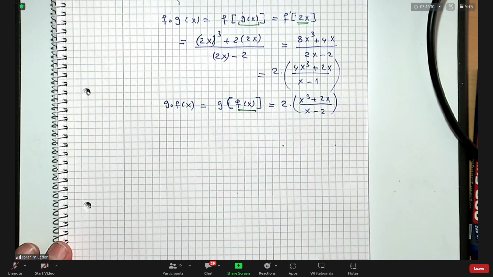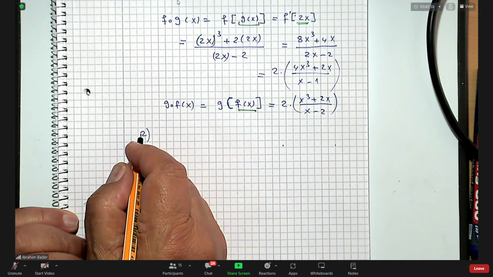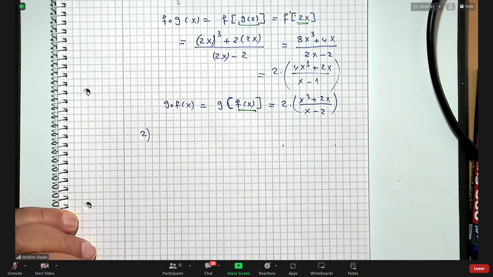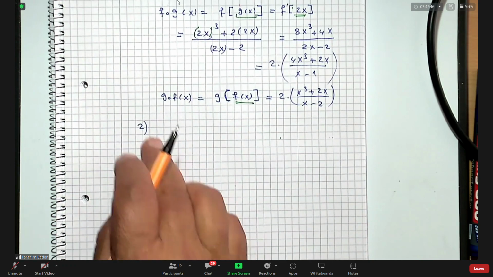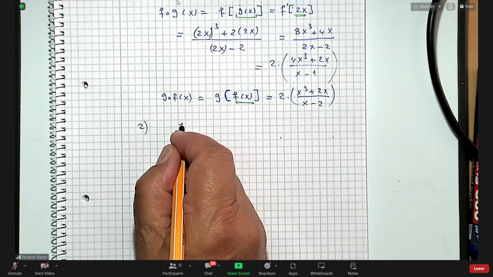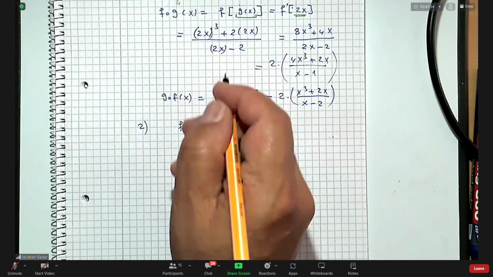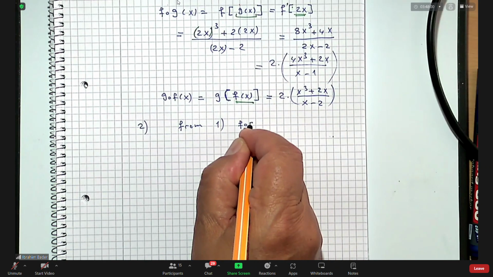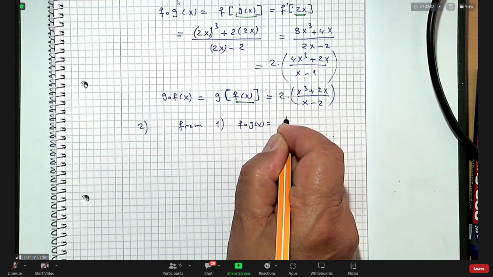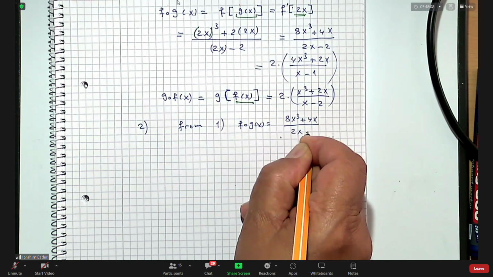Okay, so now this part here, part 2, and I added part 3 also. Part 2 says evaluate f composite g of 3. From part 1 we have f composite g of x equals 8x cubed plus 4x over 2x minus 2.